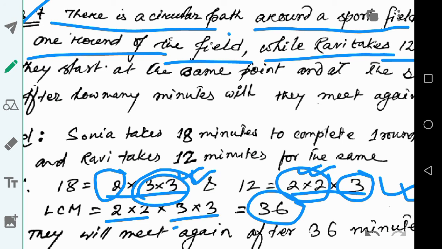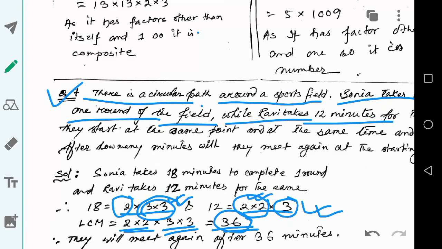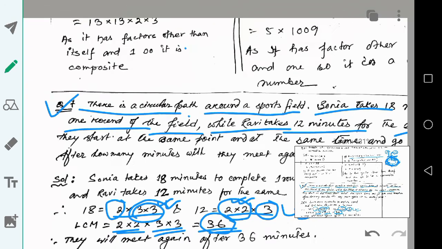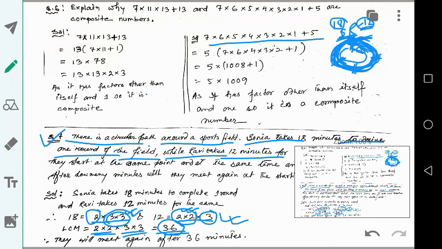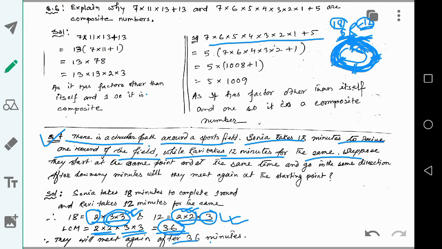So we have two 3's, 3 into 3 is 9, 2 into 9 is 18, 4 9's are 36. That means they will meet each other again at the starting point after 36 minutes. Hope you have understood.